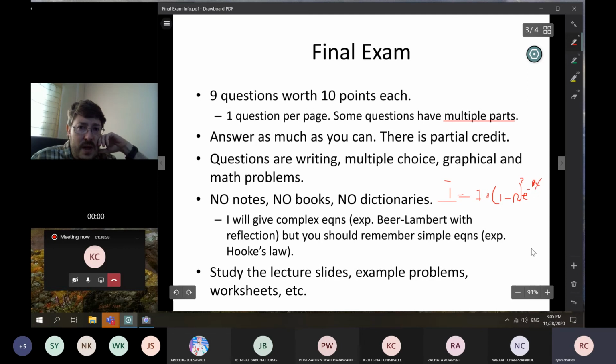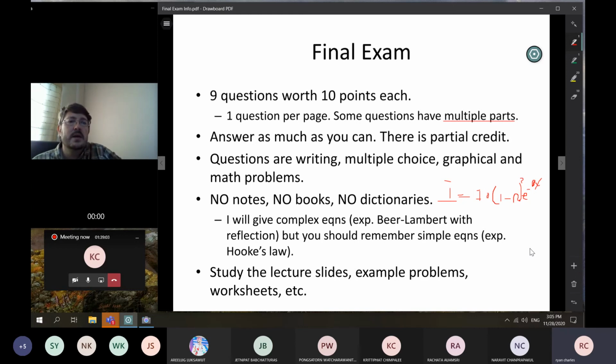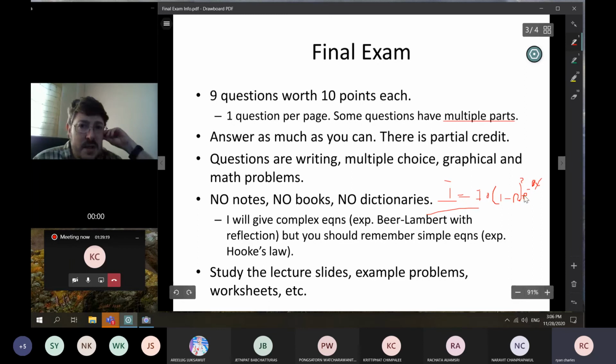I would give you that equation. I remember it, but you guys won't. So that's what I call complex. But you should remember a simple equation like Hooke's law or density. That's the kind of stuff you should remember. Simple little equations. If it has an exponential in it, I would give it to you. So just remember simple equations you already know.